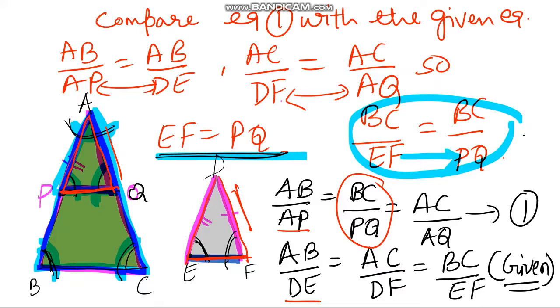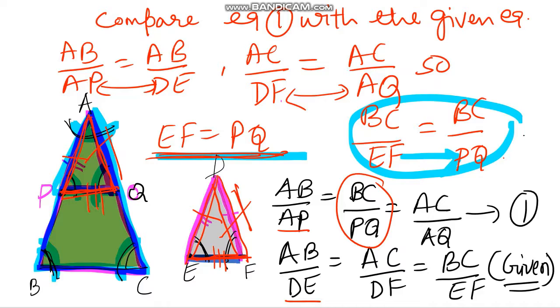Now let us compare these two triangles, triangle APQ and triangle DEF. Now children, AP is equal to DE by construction, AQ is also equal to DF by construction, and PQ is equal to EF. Now we have just arrived.